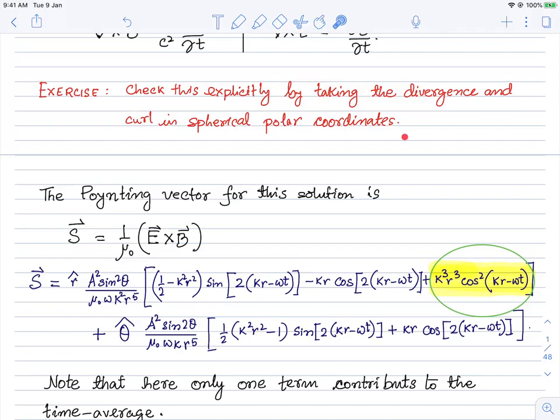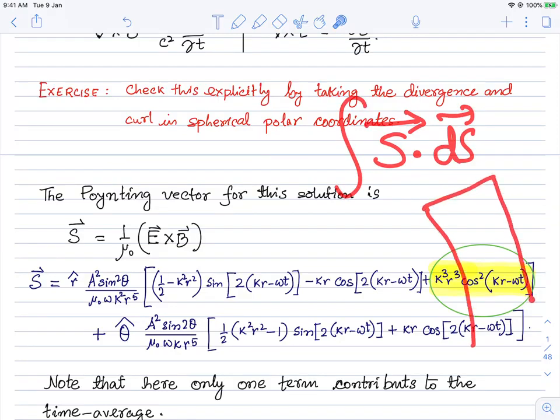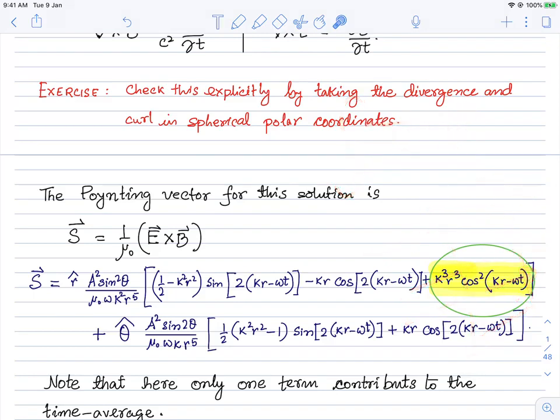If we integrate it over a surface, this is going to give us the energy per unit time crossing this surface, or the power moving through this surface. In this case, we are interested in computing that power. That is why we are computing the Poynting vector here for this particular solution.